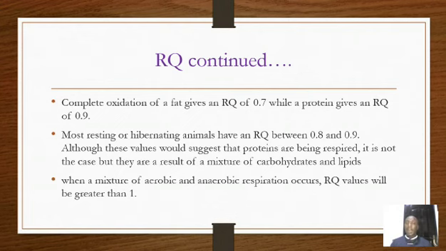When we get an RQ of 0.7, that means fats are being respired. But when we get an RQ of 0.9, that means that proteins are being respired. Therefore, RQ shows us the type of food that is being respired.